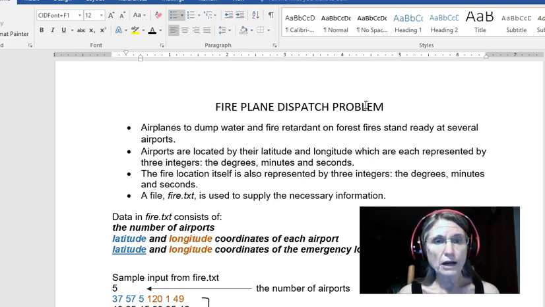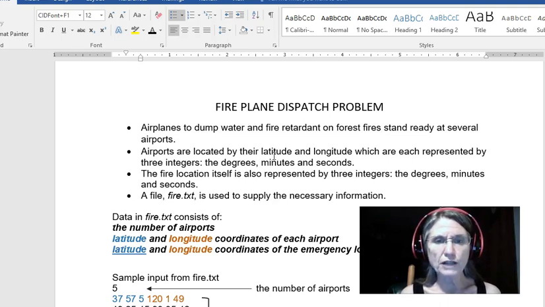So again, airplanes to dump water and fire retardant on forest fires stand ready at several airports. The airports are located by their latitude and longitude. Each of those are given with 3 integers, a measurement in degrees, 1 in minutes and 1 in seconds.